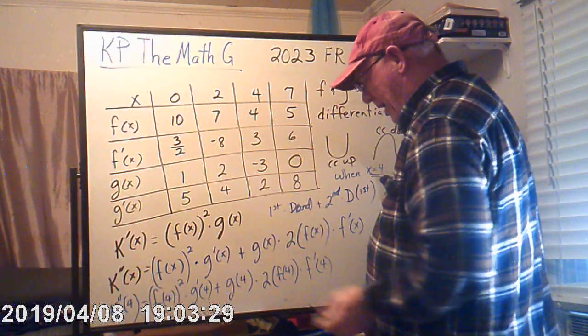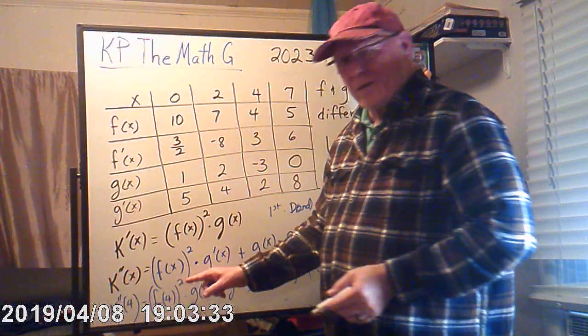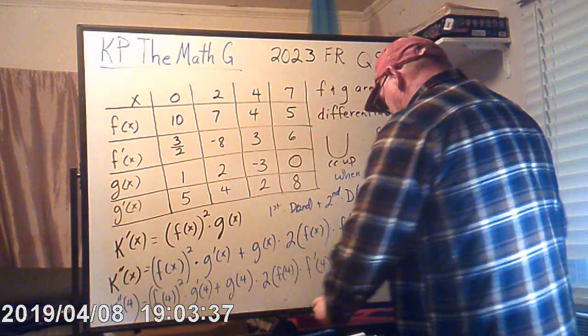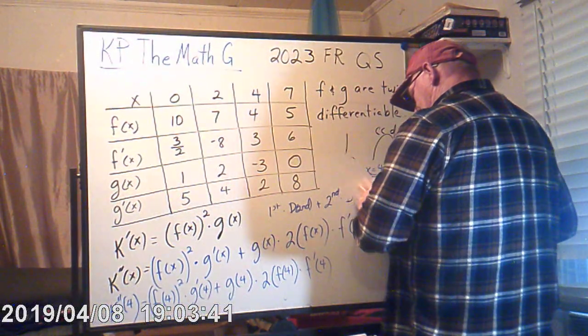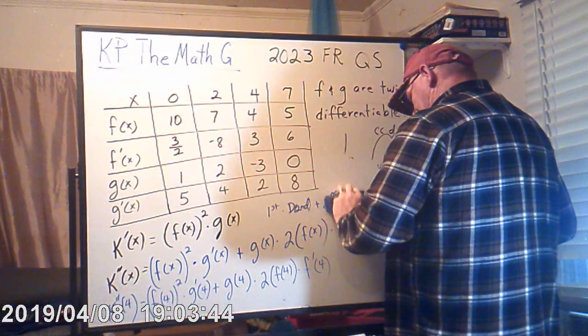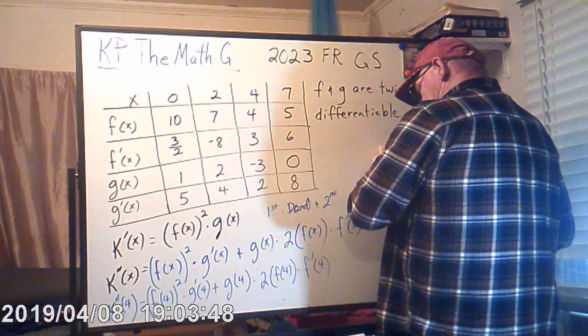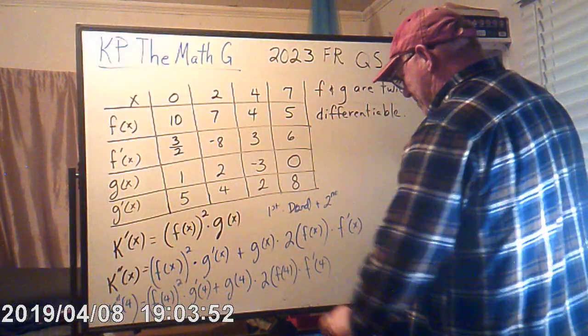So now let's carefully do this. Now remember, we've got to find f at 4 and do what to it? Yeah, square it. Let's put it over here. Remember, we're looking for concave up or concave down. Keep that in mind.